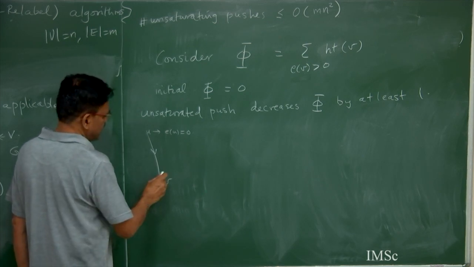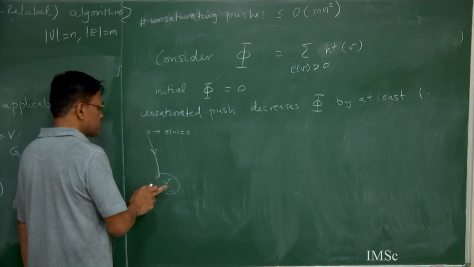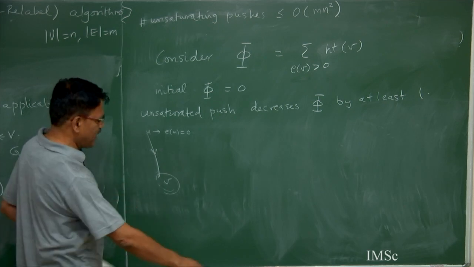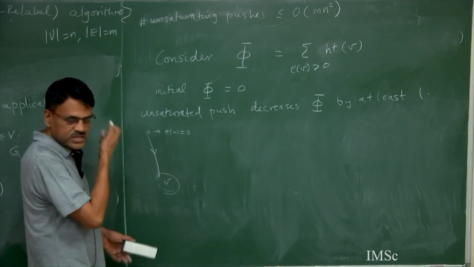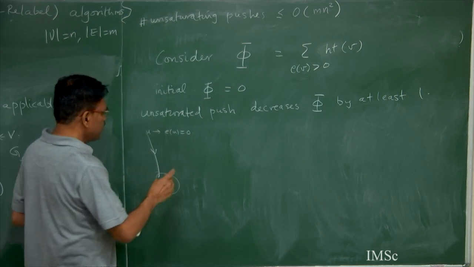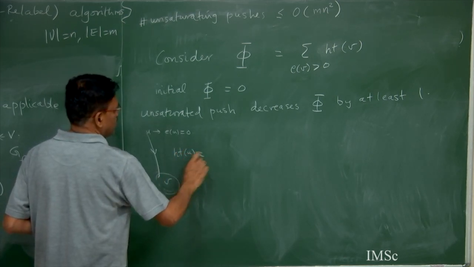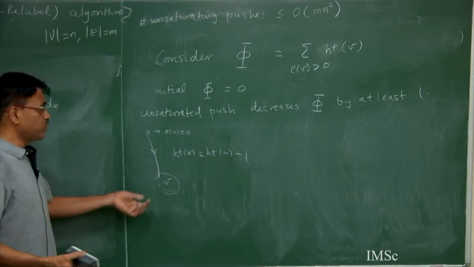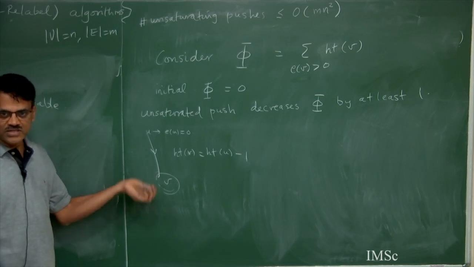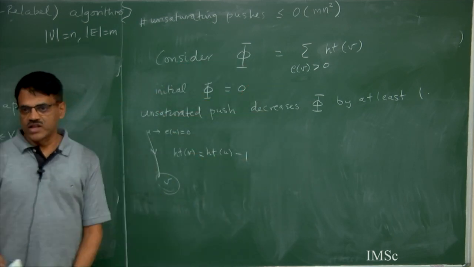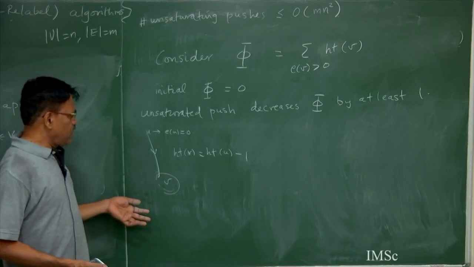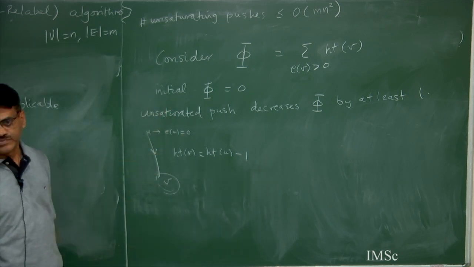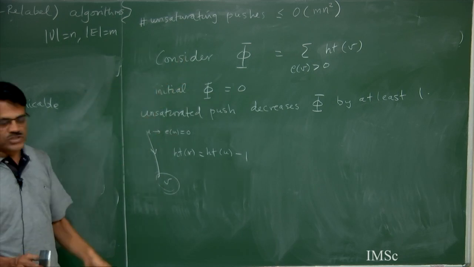The only other excess that could change is this one. Maybe it was 0 before and now it has become positive, maybe it was even positive before, but nobody else changes. We know that height of v is height of u minus 1. So if this vertex was not having excess and now it has got an excess, then the sum would have decreased by at least 1. If it was already having an excess, then the sum decreases by height of u, which is out of that sum, so it decreases by at least 1.